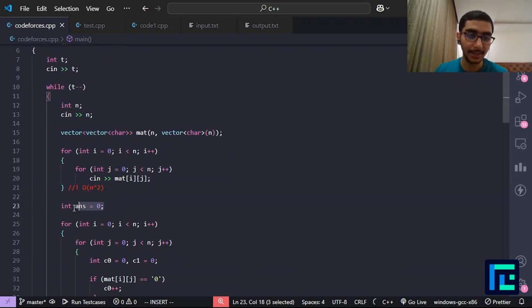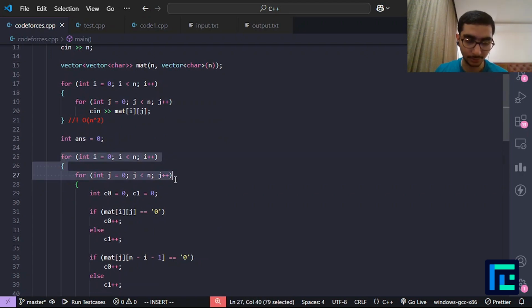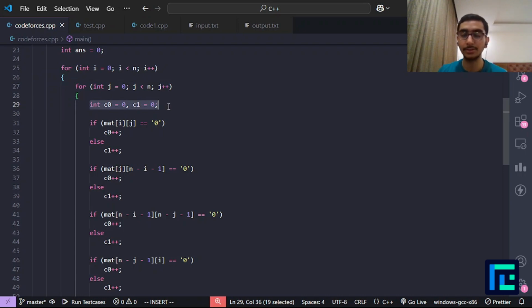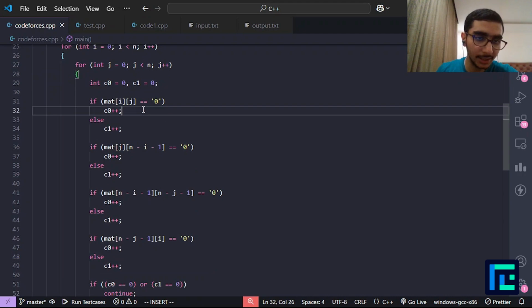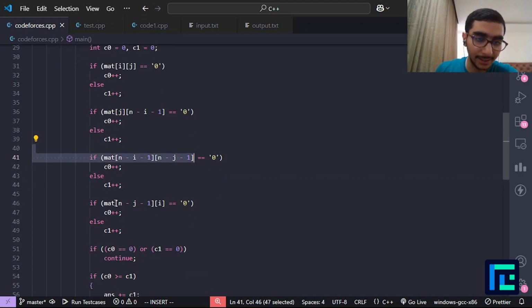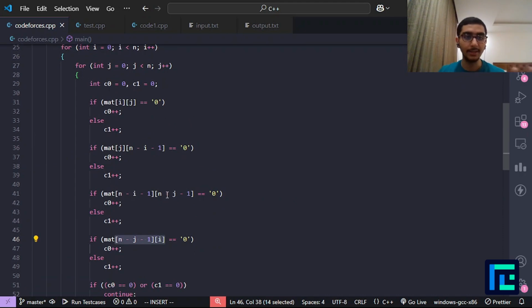Now we're maintaining an answer variable which will store our final answer, and then for every i, j, I'll maintain the number of zeros and ones for those four cells, right? So i, j; j, n minus 1 minus i; n minus 1 minus i, n minus 1 minus j; and then n minus 1 minus j, i, right? For all these four cells, I'll calculate how many zeros are there, how many ones are there, right?